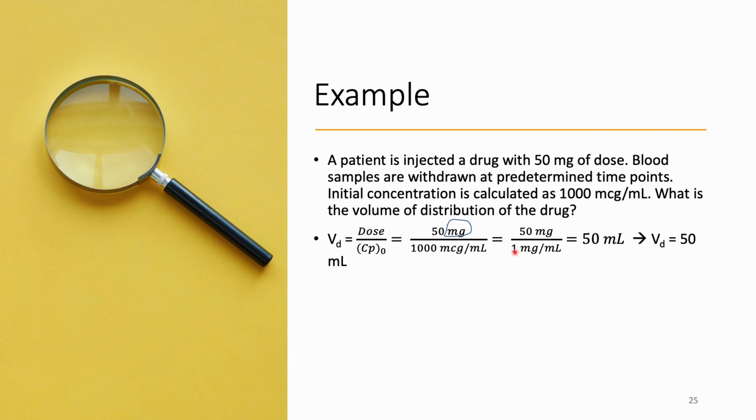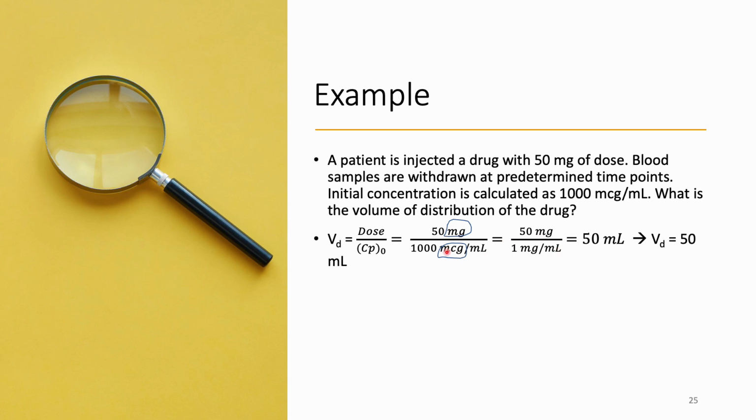You need to be careful with the units when you calculate pharmacokinetics, and this is a good example. Here you have 50 milligram of dose. However, the unit for the concentration is microgram per milliliter. In this case, you need to make sure that you convert to the same unit before you continue with the algebra.